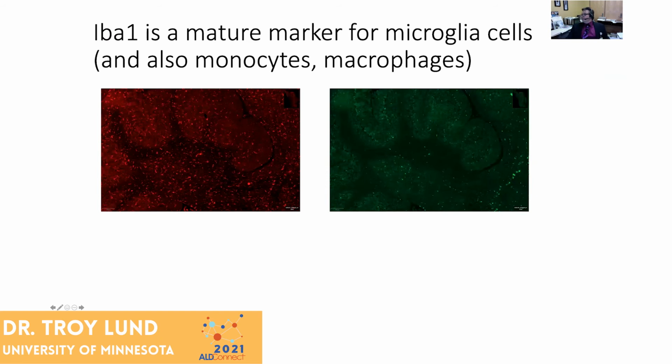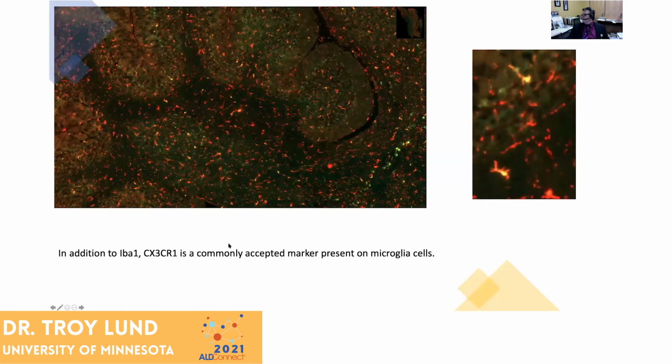So we got these mice and established a colony. It took about a year or two, and we did the same thing. We took a brain of this mouse and stained the cells for red microglia, and then we looked at green fluorescence, and we found that they overlapped nicely, just like was reported. Here is a large blowup. It's not a perfect stain because the IBA1 stain is red.